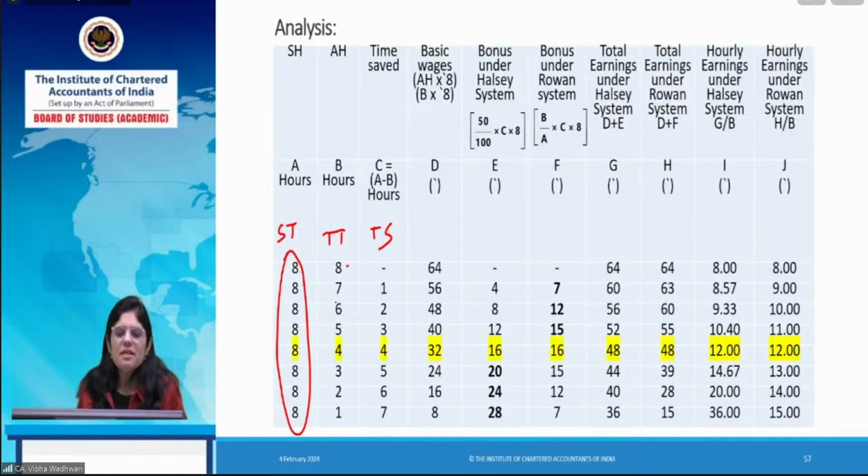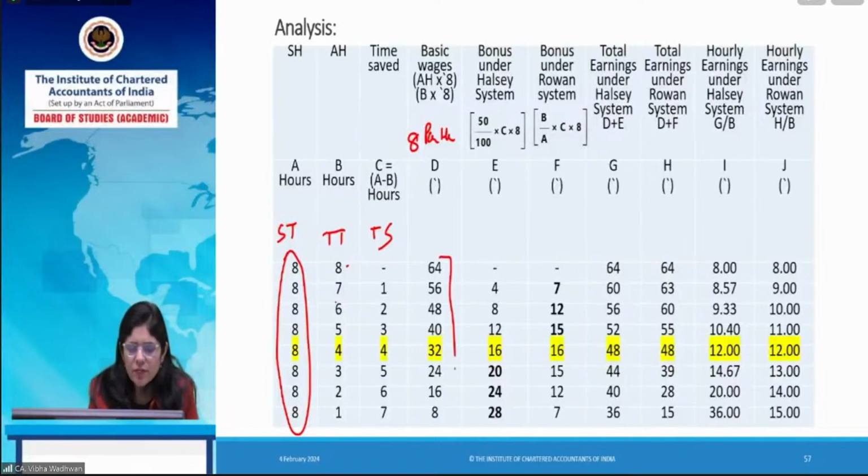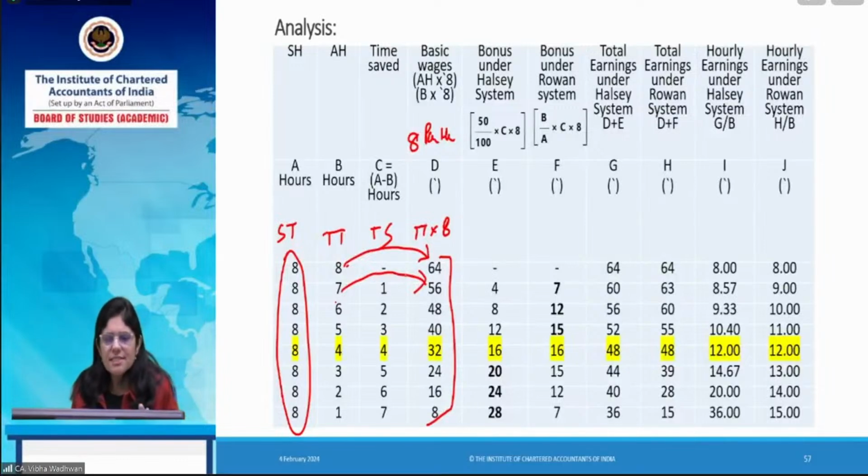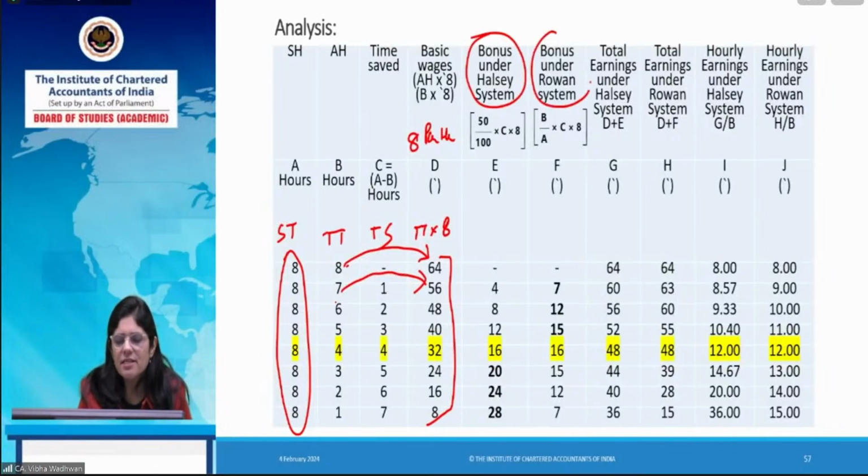Now the basic wages. The rate is 8 per hour for basic wages. The basic wages are whatever the normal wages are as per the rate per hour, so time taken into rate per hour, which is 8. Clear? So 8 into 8, 7 into 8, 56. So the basic wages, the second column and the third column. This is as per Halsey and this is as per Rowan.